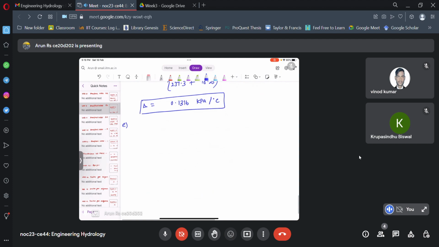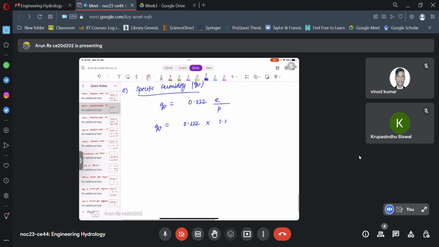So next parameter is your specific humidity. So your specific humidity is 0.622 into E by P, 0.622 into 1.3122, which we just calculated in the previous step, and atmospheric pressure is 100.5.